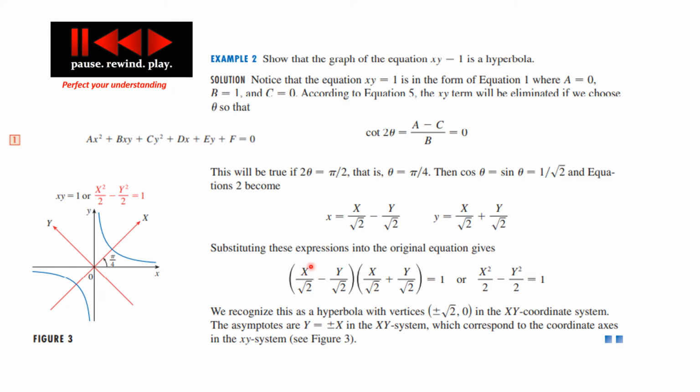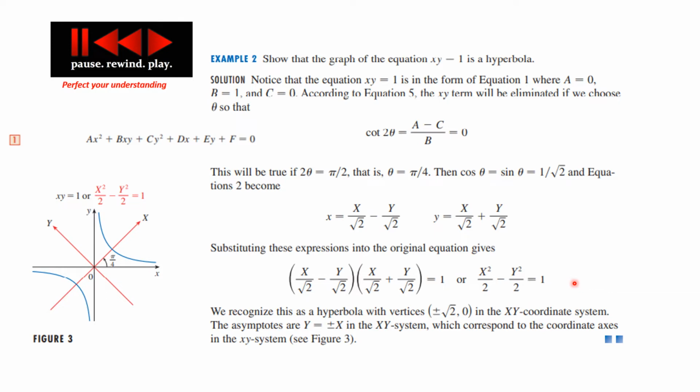So we substitute those expressions into the original equation, which is up here. So we take xy equals 1, and we simplify. We're doing some algebra, but when we simplify that, you're taking the first thing minus the second, times the first thing plus the second. So this is going to be capital X squared over 2 minus capital Y squared over 2 equals 1.